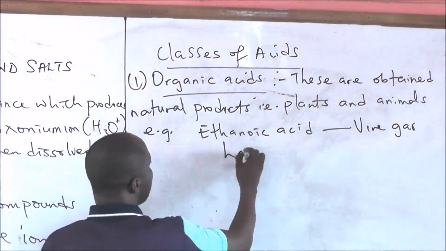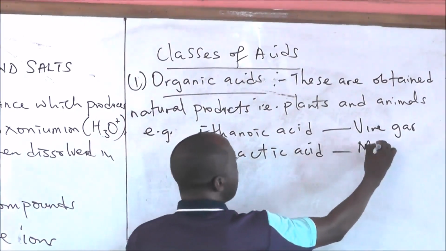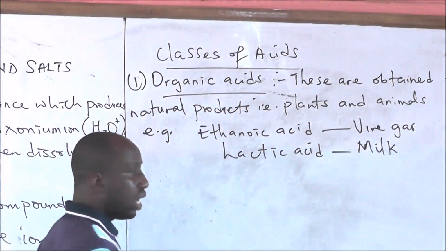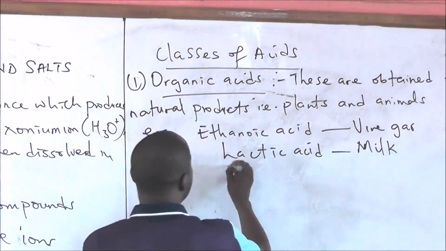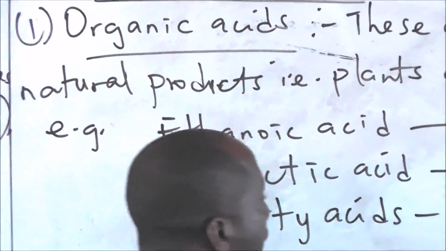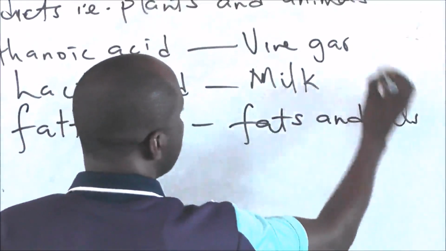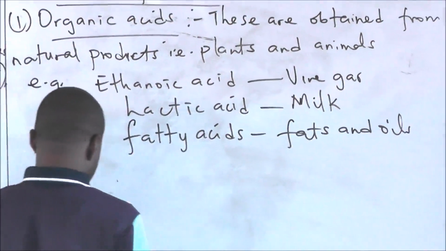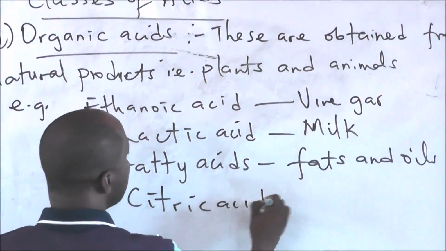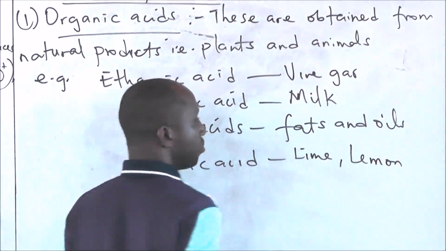Another one is lactic acid. Lactic acid is obtained from milk. Another one is fatty acids. Fatty acids are obtained from fats and oils. Then we have the citric acid. The citric acid is obtained from lime or lemon.